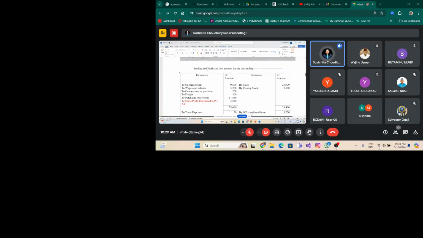We prepare together the trading and profit and loss account. From here to here, this is the first part, the highlighted one.